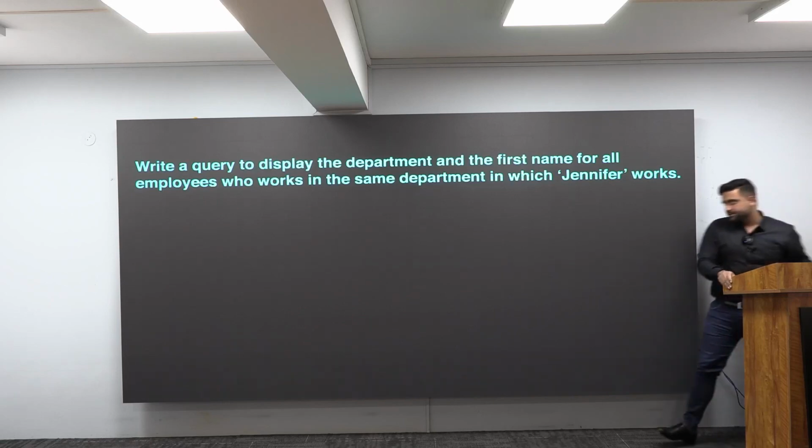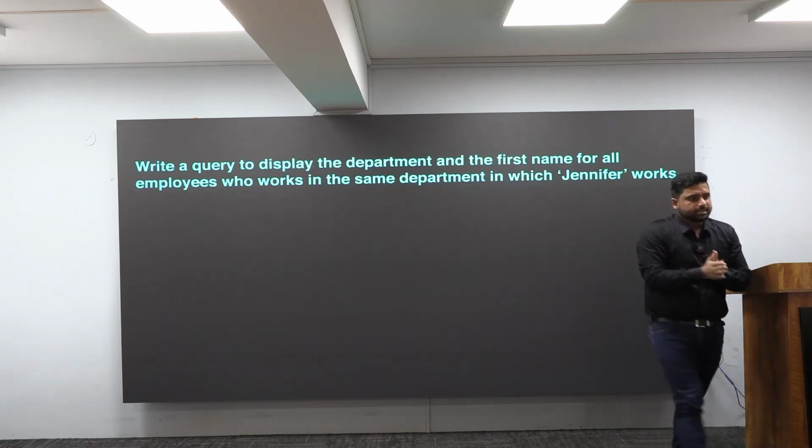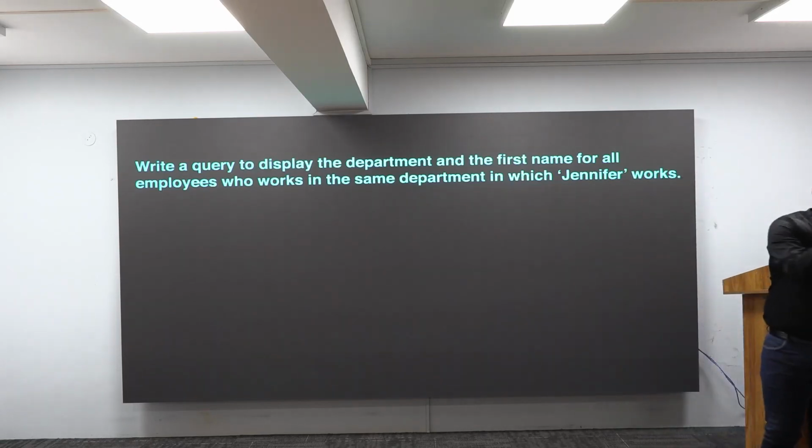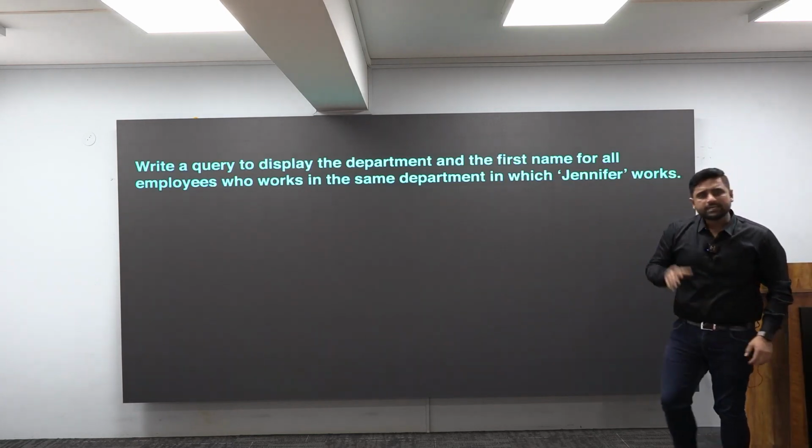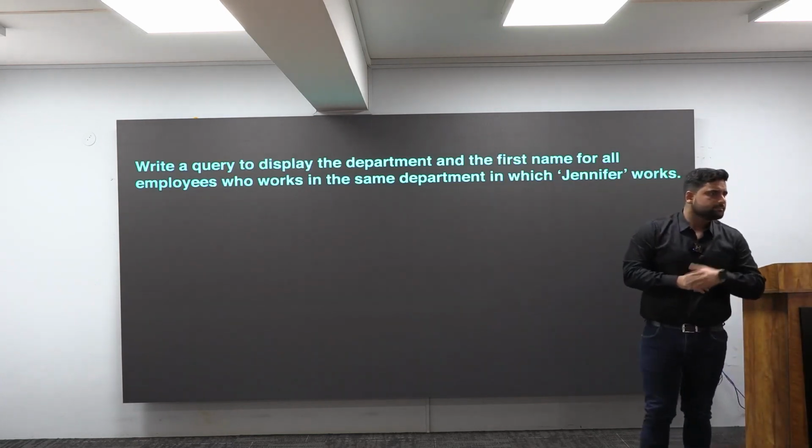So please focus everyone. In this question, we don't know what is the department ID of Jennifer. So first we will get the department ID of Jennifer. How can we get it here?